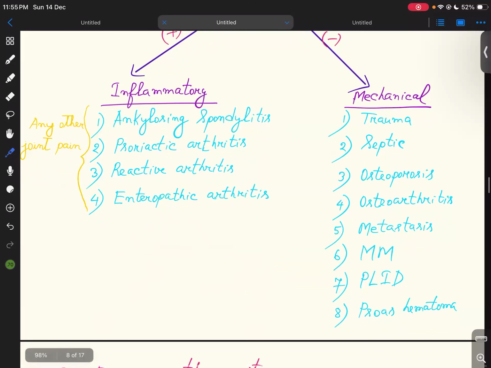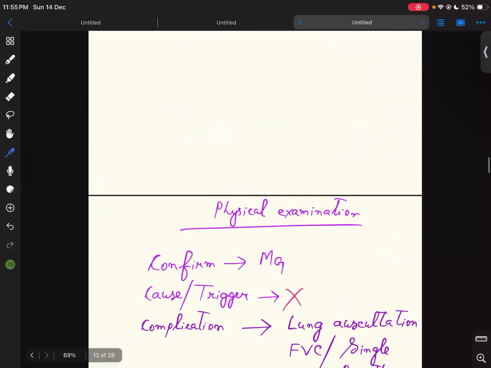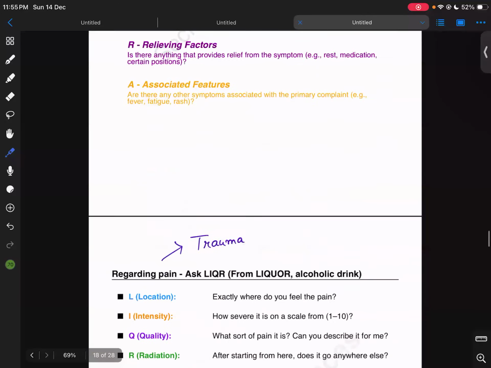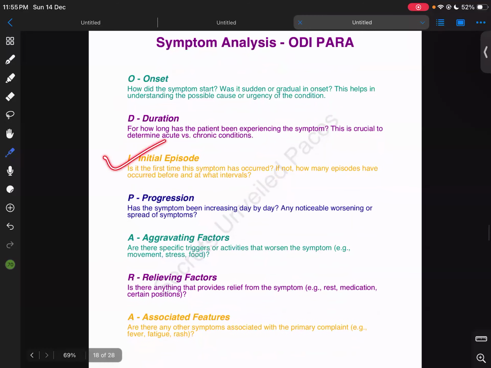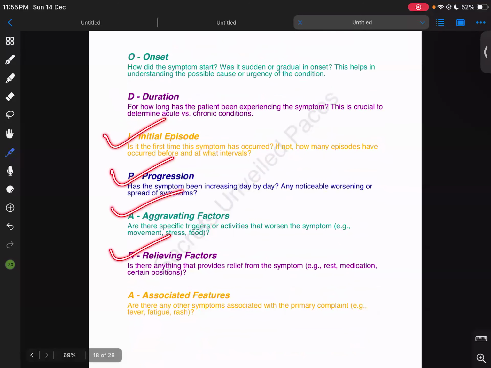Okay, Dr. Rania has asked what OPD PARA and LOCATOR are. Doctor, it was explained in the earlier session. Okay, let me repeat it a little bit. Here O goes for onset, D for duration. This is provided in the PDF. I is for initial episode, P for progression, A for aggravating, R for relieving factor, and A for associated features.